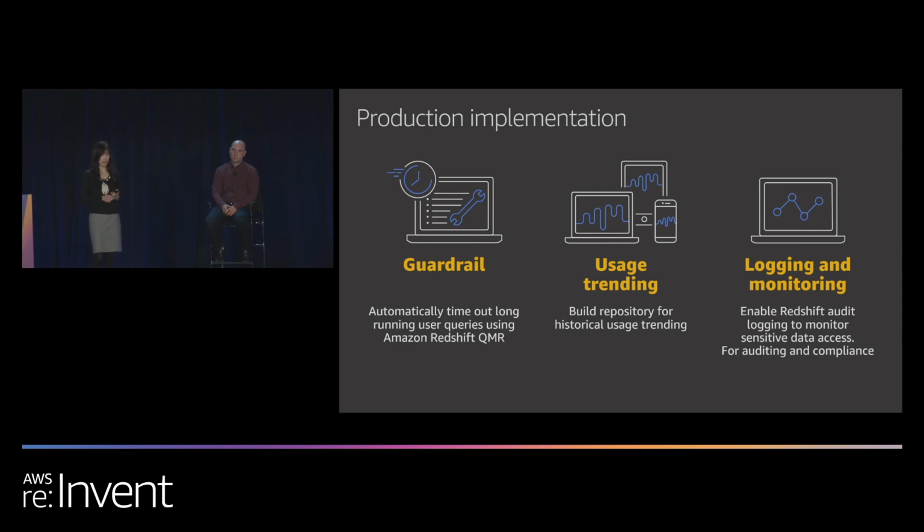To prevent that from happening, we use Redshift query monitoring rules to time out those long-running user queries. And Redshift provides us nice usage and performance metrics, but those are kept for only 7 days. So what we did is we persist that data over time, which gives us the usage trending.